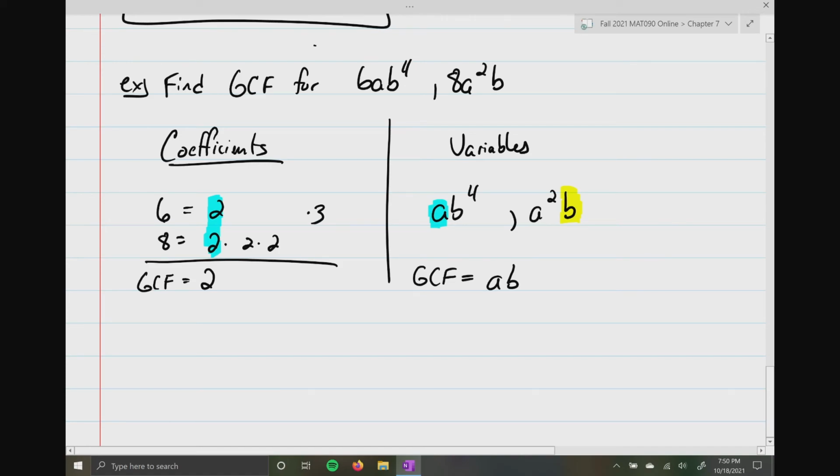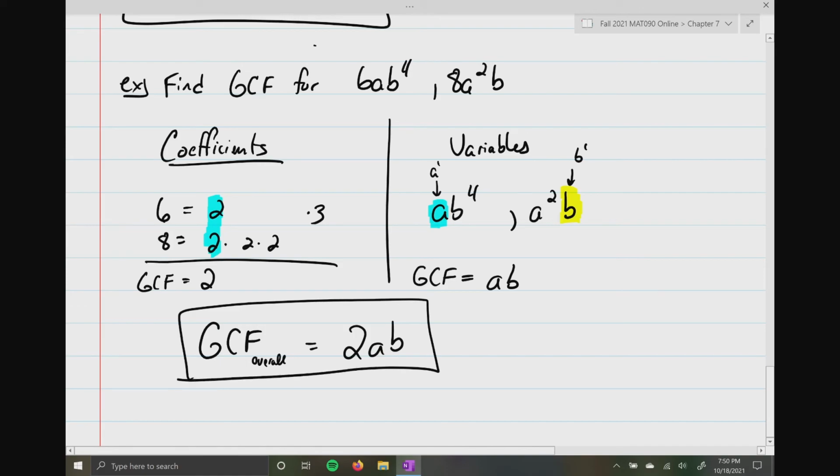Because remember, this is a to the 1st, and when you compare it to a to the 2nd, that's smaller. And this is b to the 1st, but when you compare that to b to the 4th, it's smaller. So now the GCF overall is going to be 2ab. That's exactly what we're looking for.